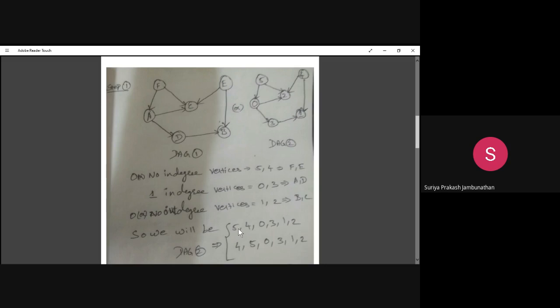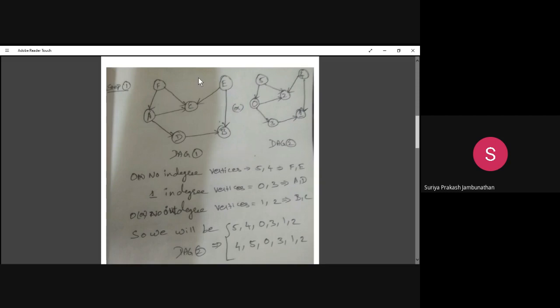The solution for the second graph will be represented in two ways. That is 5, 4, 0, 3, 1, 2. So you can put it the other way round: 4 will come first and 5 will go second. So it can be written as 4 comma 5, 0 comma 3, 1 comma 2. These are the solutions we may get while dealing with this particular graph.